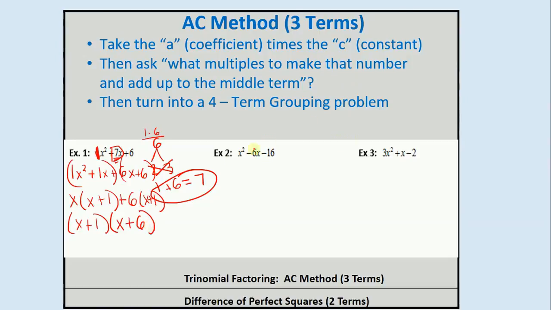Let's try it again. So I got a 1 times -16, so I got -16 for my number. So numbers that multiply to give me -16. Well, -1 and 16. 1 and -16. 4 and -4. 2 and -8.